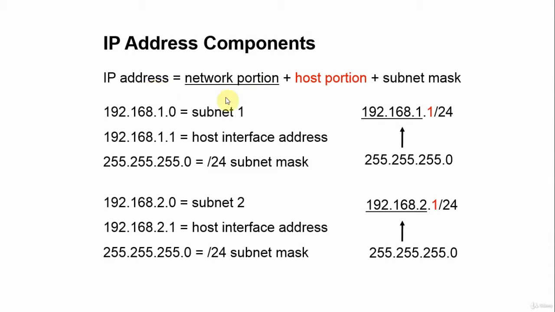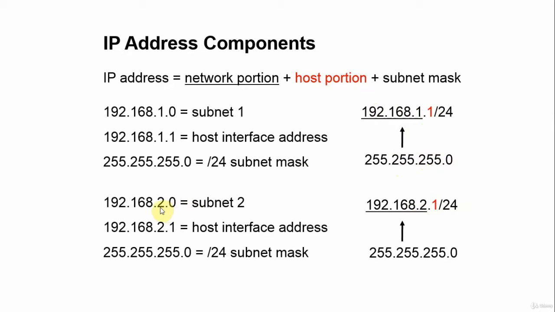And here, an IP address is comprised of a network portion, a host portion, and a subnet mask. So for example, 192.168.1.0, this could be subnet 1, and it's the one that's changing in that octet, the third octet. The host interface is 1.1, and there's the mask. This subnet mask is masking off the first 3 octets as the network address, and the 1 is the host address.